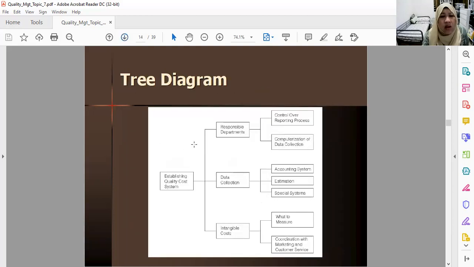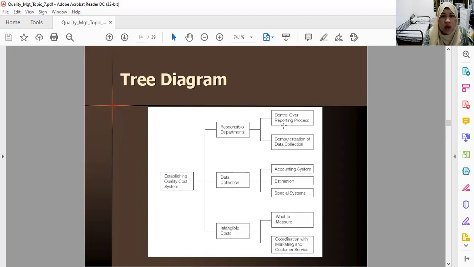All right, and then the tree diagram. I think most of you have learned this in another subject. They have establishing a quality cost system, with three branches here. Who is the responsible department? For example marketing, or customer service, data collection, and of course the accounting and finance department. Intangible cost: what to measure, which relates to coordinating with marketing and customer service.